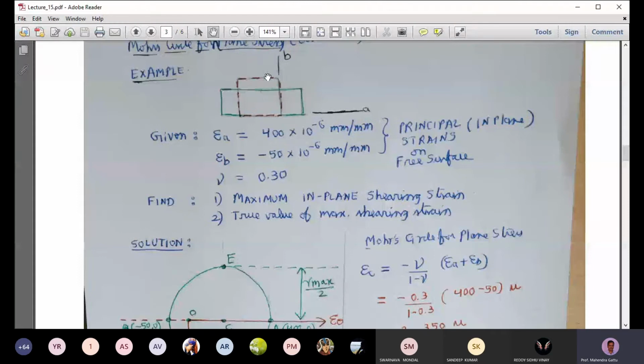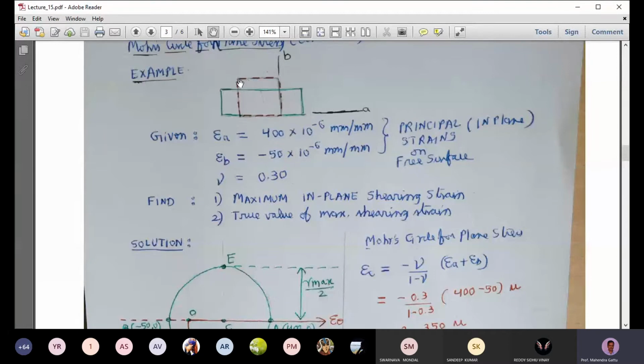So initially we have our block, so that initial undeformed element is shown here by that dashed red line, and under deformation epsilon A is 400, so there will be extension of this line. So that extended line is shown here, and epsilon B is negative, so along the B axis there will be a reduction in size. So that reduction is given by this green color vertical line, and Poisson ratio is given as 0.30.